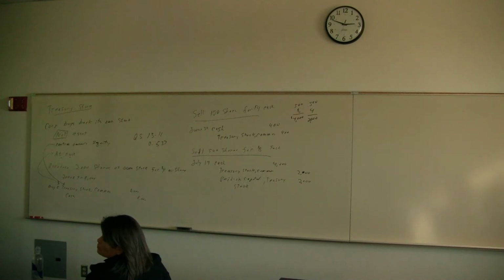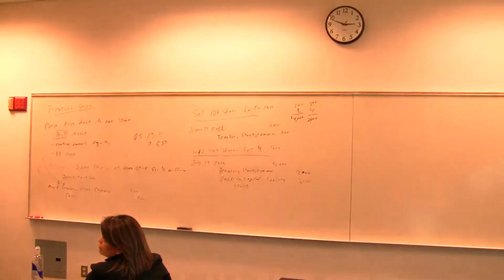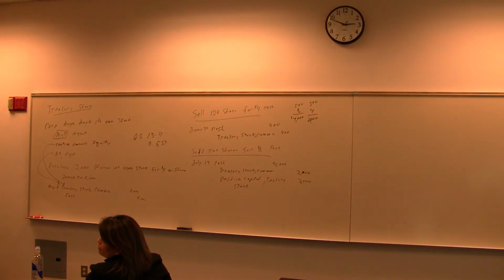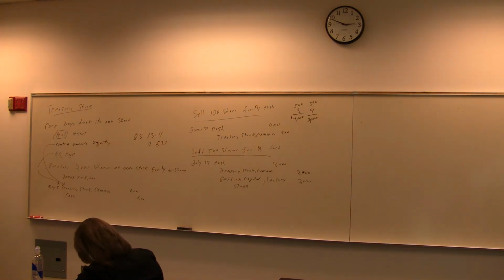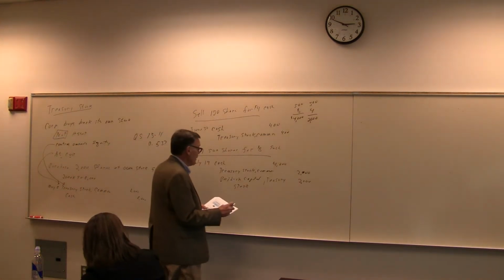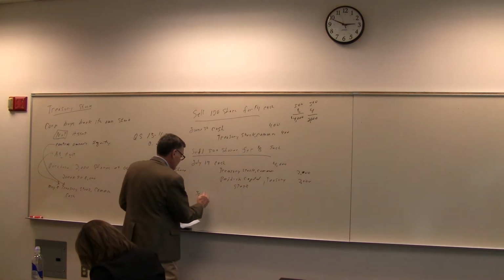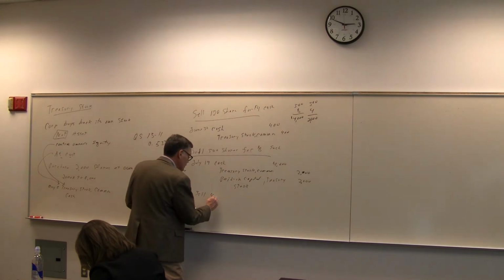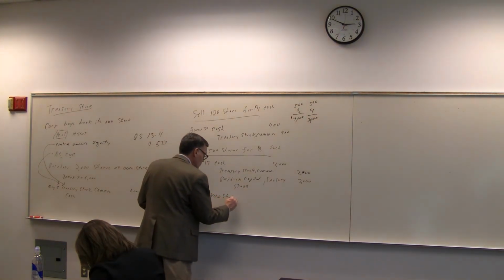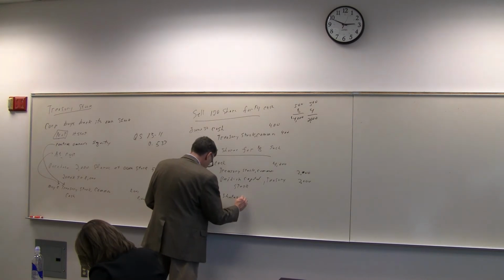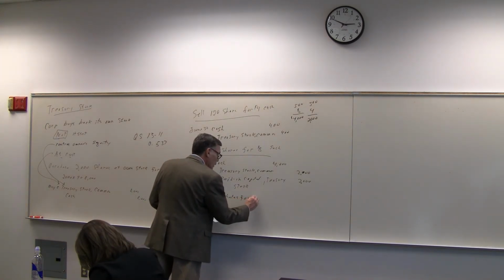All right, and by the way, that's really good because retained earnings will always be the fallback. Okay, so now on October 27th, they sell an additional 400 shares for $1.50 each.